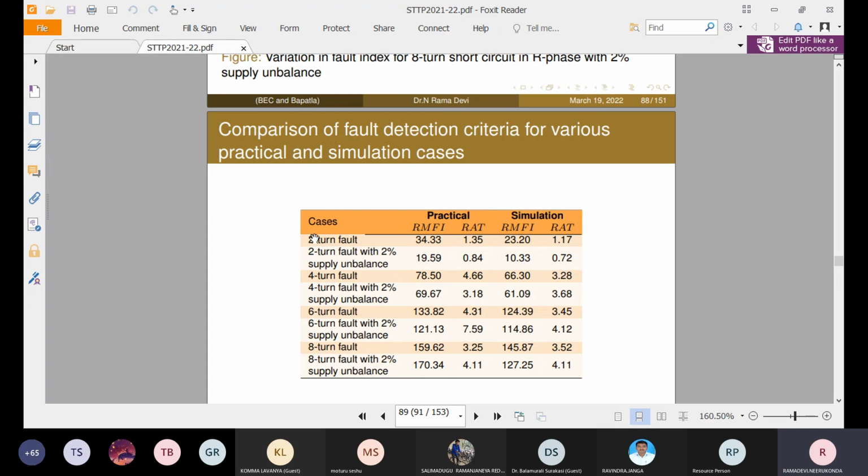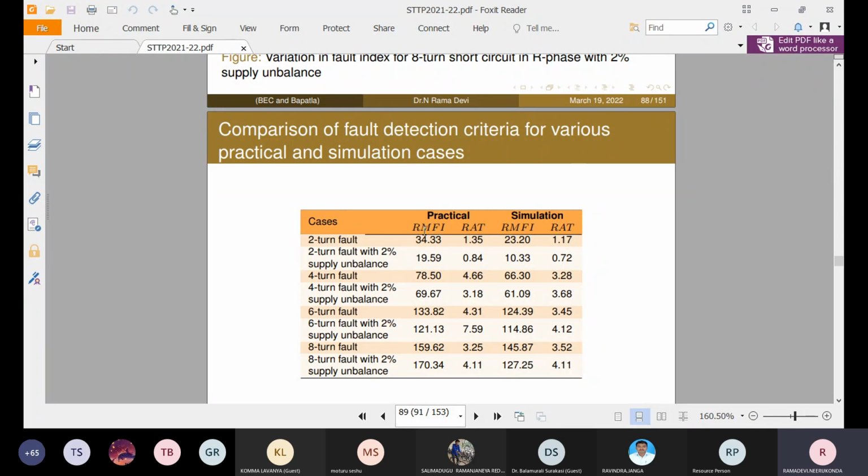The first row indicates the 2-turn fault. RMFI is a relative measurement of the fault index with respect to the normal value. Normal means the healthy value.